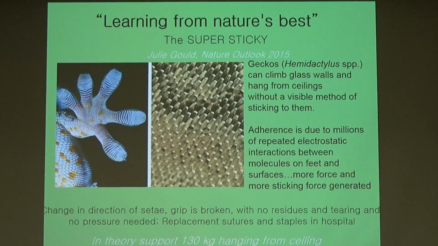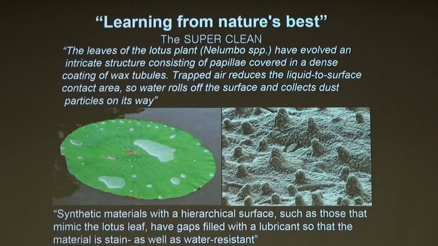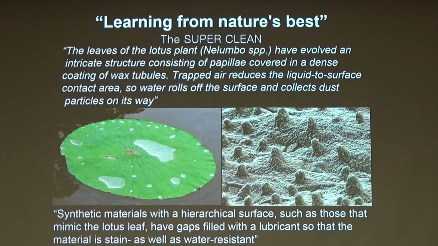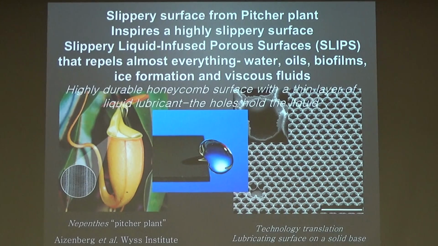And I've talked about the gecko skin, and there's lots of material scientists and technologists working on this super sticky attachment of the gecko, trying to replicate that. And I talked about the super clean example, the lotus leaf, and there are others looking at it. In this example, there's a surface that's a slippery surface.